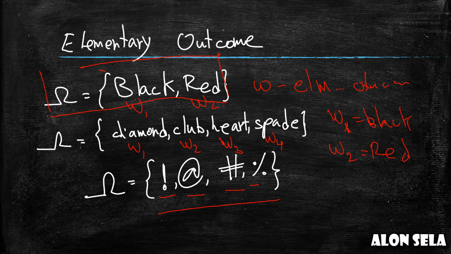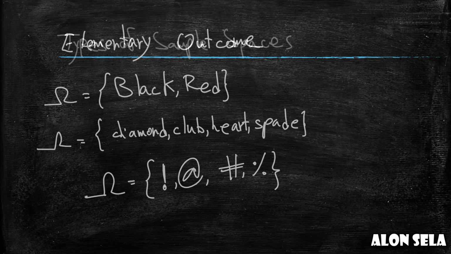Okay, so in this case the sample space is made of four elementary outcomes. It's not numbers, it's not words, it's not colors, it's symbols. Okay, so we have four elementary outcomes.